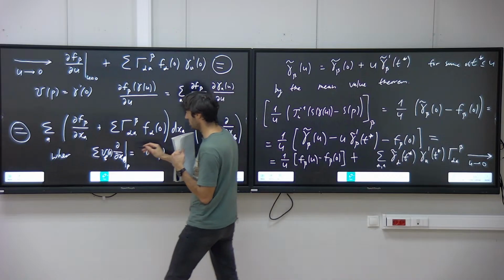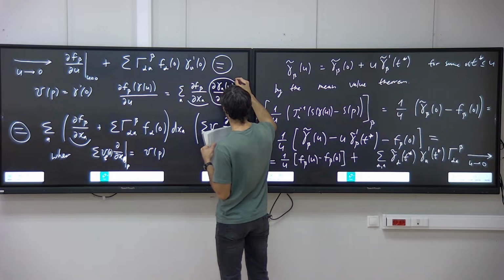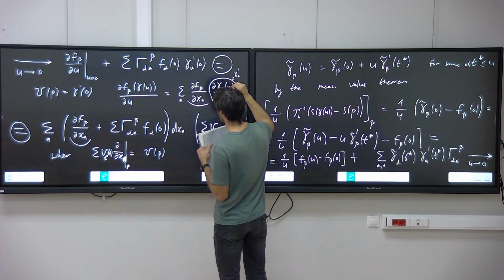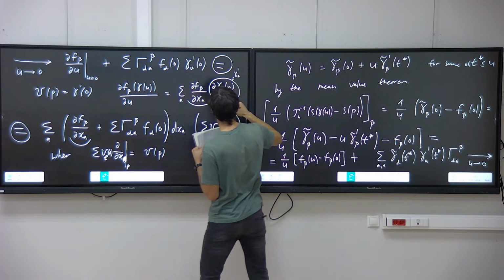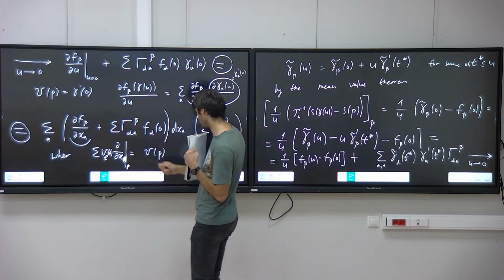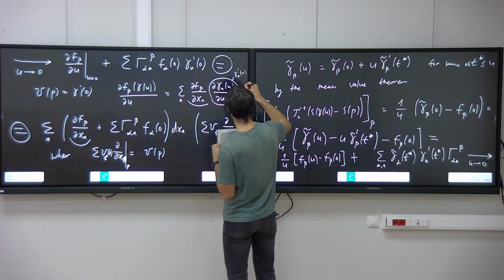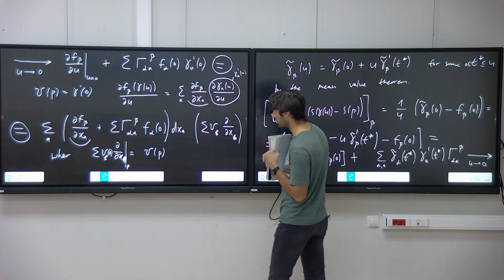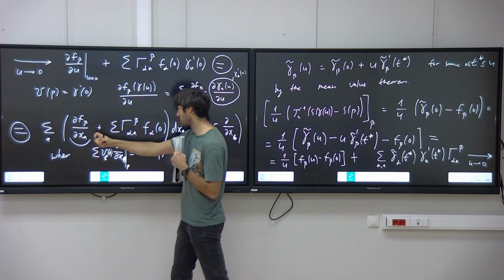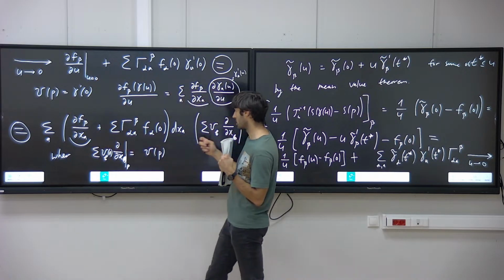This guy is here, and this guy is again gamma prime of A, and I need to take it at 0. Here it's at U, but eventually I need to take it at 0, and this is again my V. If I take this at 0, this gives me exactly a multiplication by VA, which is from this guy.